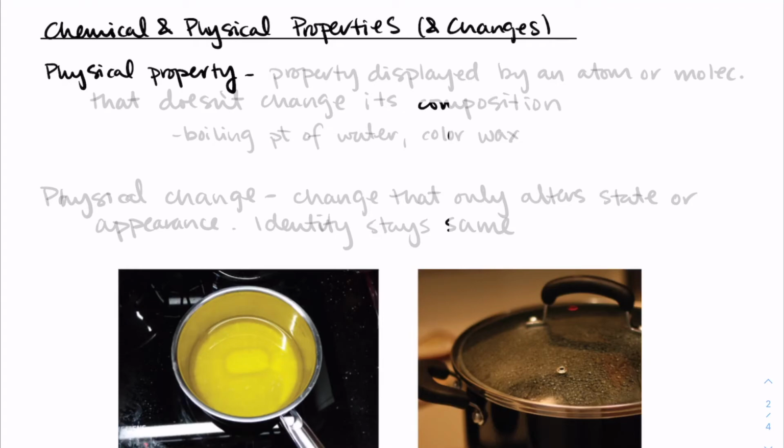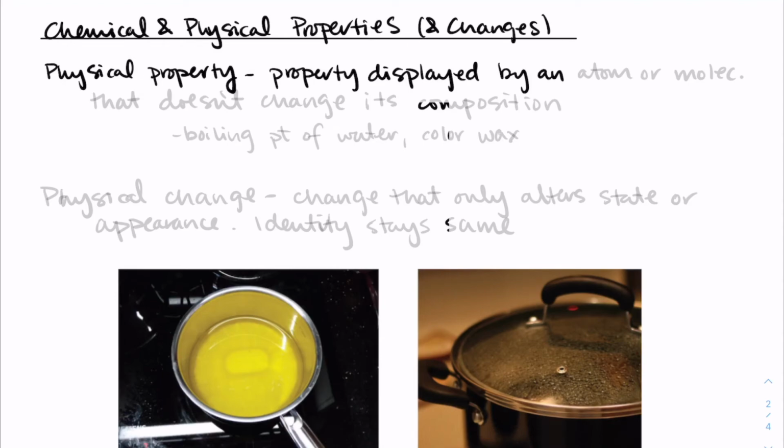At its most basic level, if you're looking for the difference between a property and a change when you're given a sentence and you're asked to figure out what it is, if it's a change, that description will have some kind of action verb in the sentence, and you'll see some examples to help you figure this out. The property means that we're just describing something about that object.